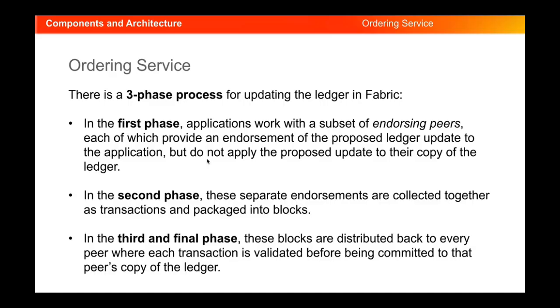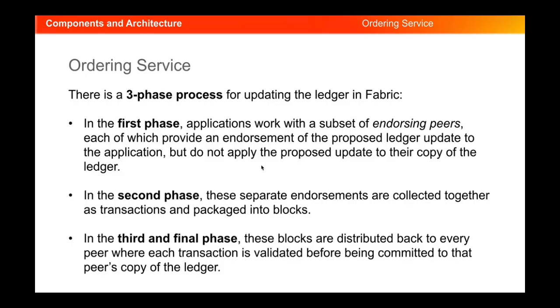This update happens after the third phase, which we will see next. In the second phase, these separate endorsements are collected together as transactions and packed into blocks by the orderer. In the third and final phase, these blocks are distributed back to every peer, where each transaction is validated before being committed to the peer's copy of the ledger.